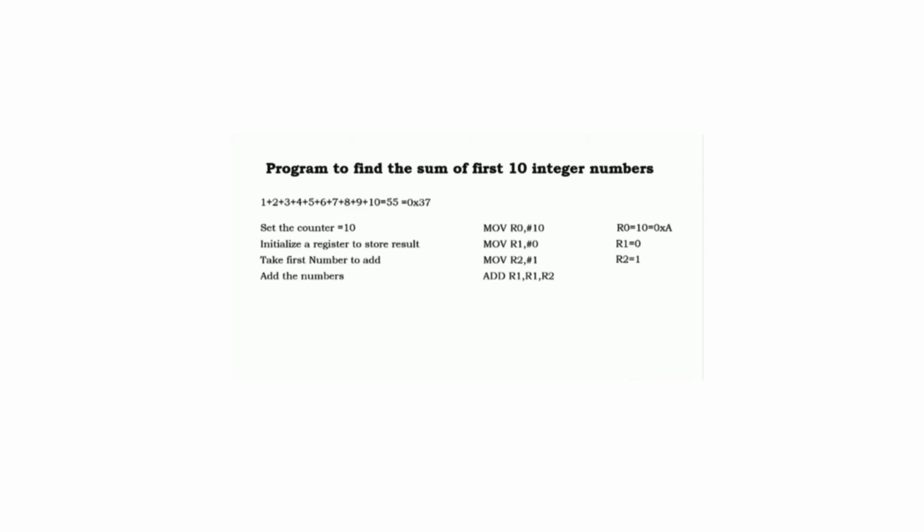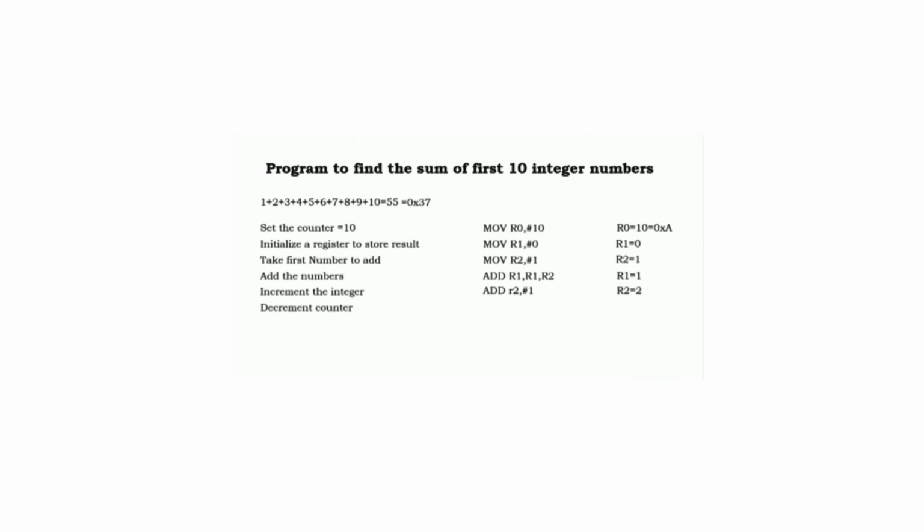Next, we will increment the register so that we can add the next number, that is the integer in R2. So that number should be incremented, so we will write add R2, R2, 1. Previously in R2 we had 1, we will add one more, so it will become 2. So that we are adding the next integer.